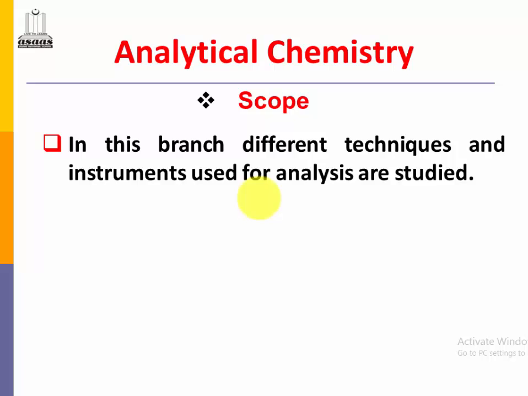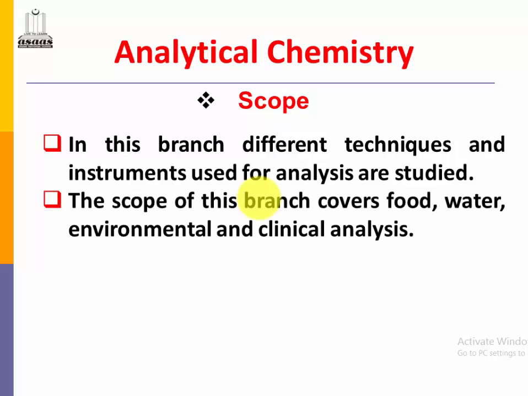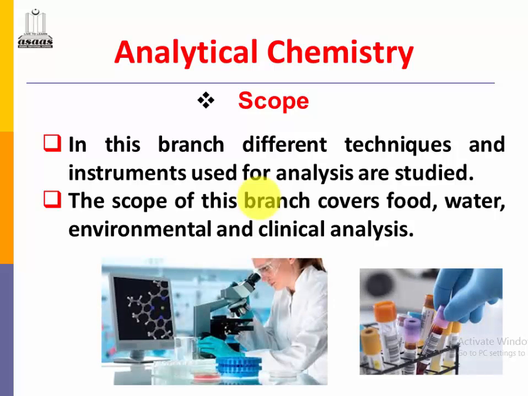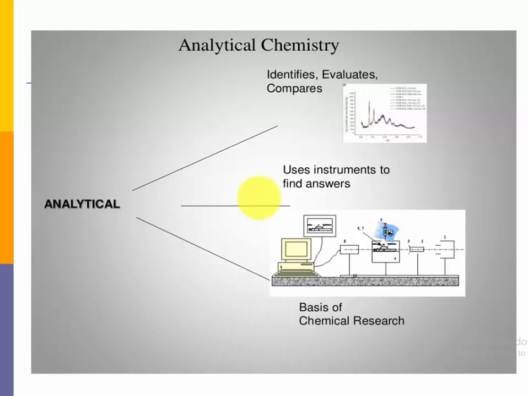Here is the scope of analytical chemistry. In this branch, different techniques and instruments used for analysis are studied. The scope of this branch covers food sample analysis, water sample analysis, and environmental and clinical analysis. So we can say that analytical chemistry is a basis of chemical research.